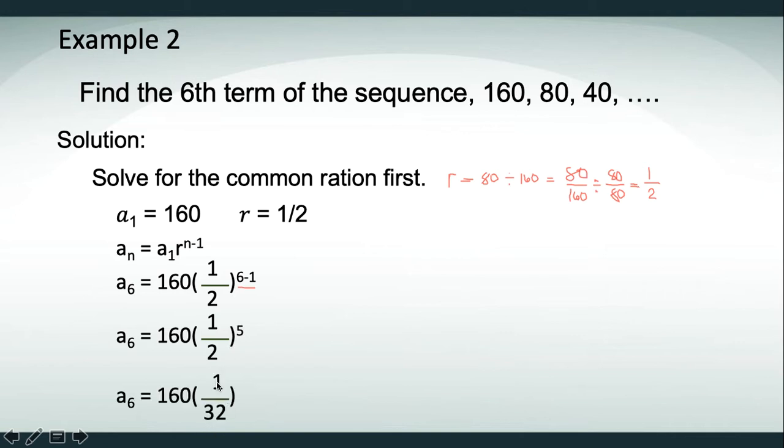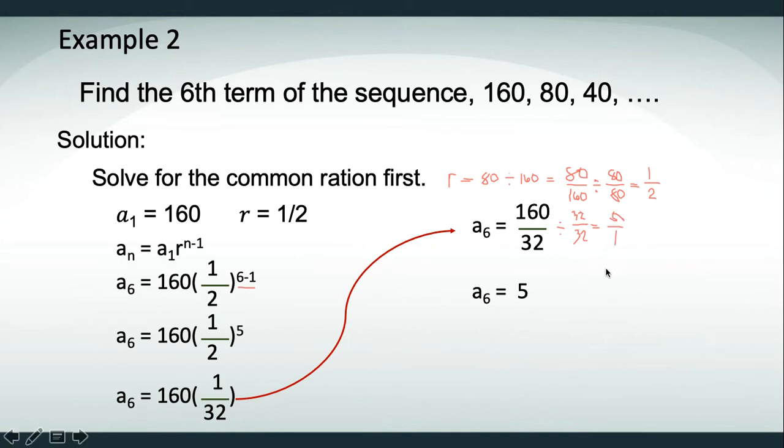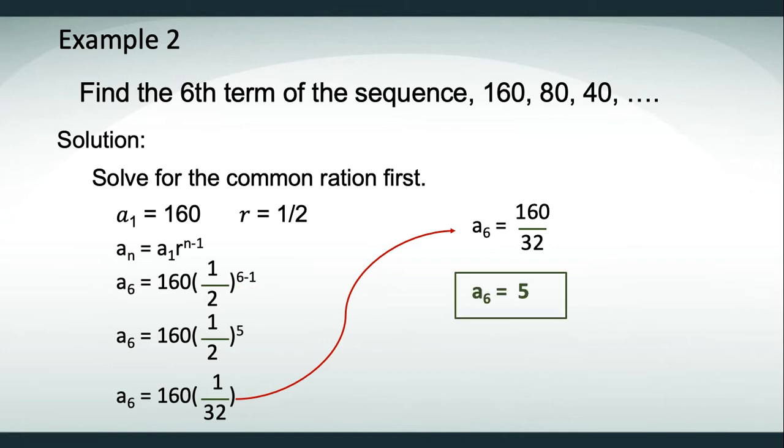Then we multiply it by 160, so we get 160 over 32. Now both values are divisible by 32, so 160 divided by 32 is 5, and 32 divided by 32 is 1. Therefore, our 6th term is equal to 5.